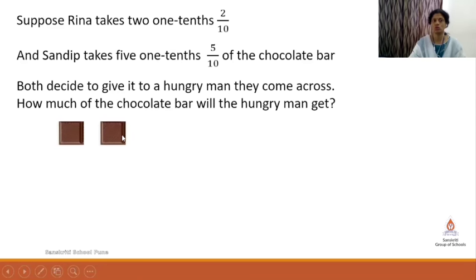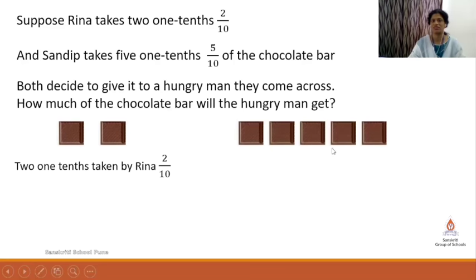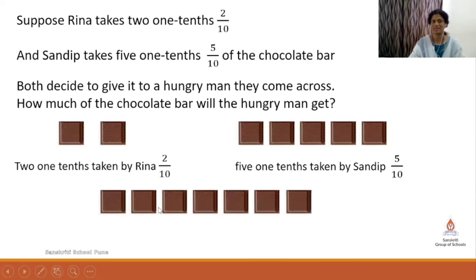These are the 2 slices that Reena has taken, 2/10. These are the 5 parts of the whole 10 which Sandeep has taken, 5/10. So can you tell me what is the total parts? That's right, it's 7 altogether, and the fraction is 7/10 because our bar under consideration has 10 equal parts.